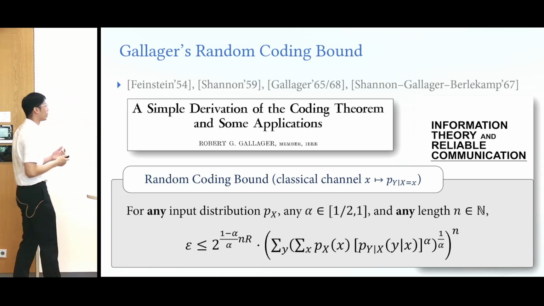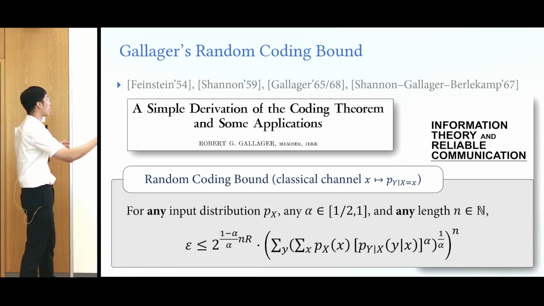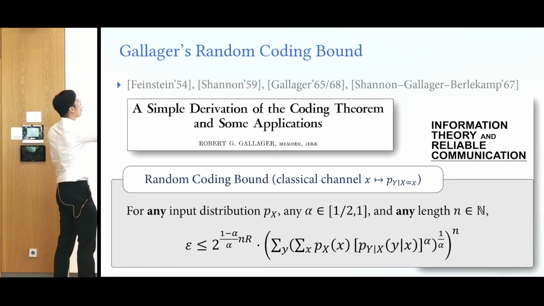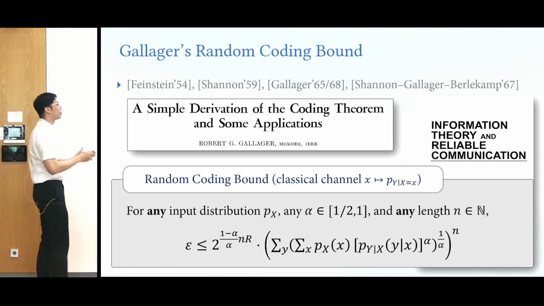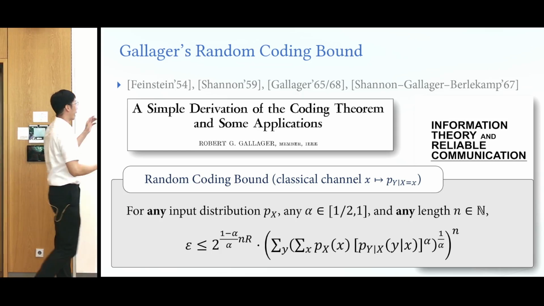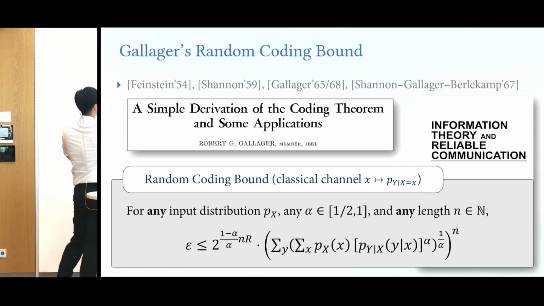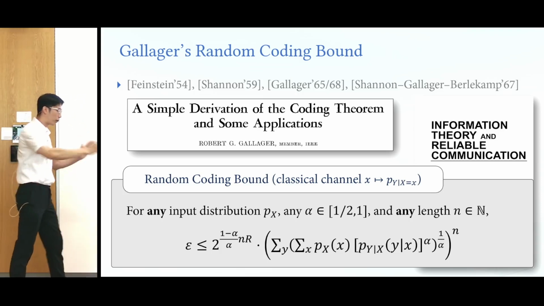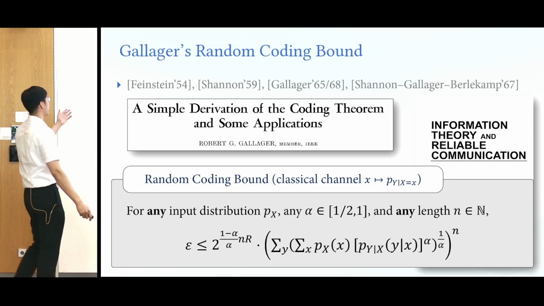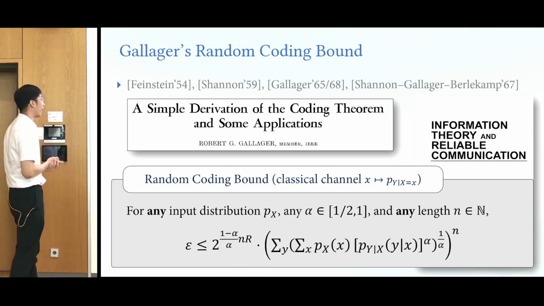So essentially, his bound is a one-shot bound and holds for any shot. This expression is like a power mean, and by Jensen's inequality it is less than 1. So it is a multiplicative upper bound for the error. And later Shannon, Gallager, and Berlekamp showed that this convergence rate is optimal for rates above the critical rate. So that's Gallager's random coding bound for classical channels.